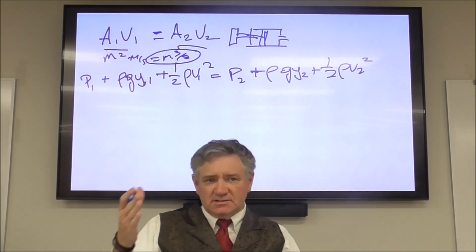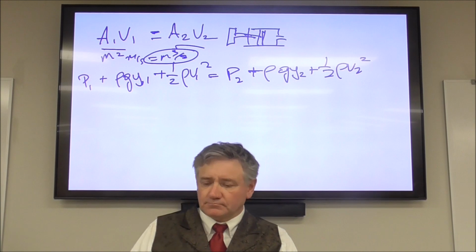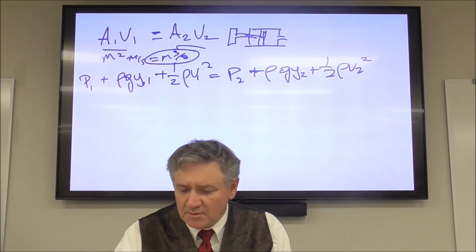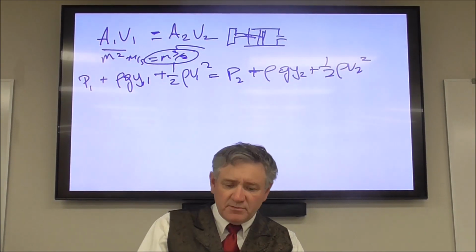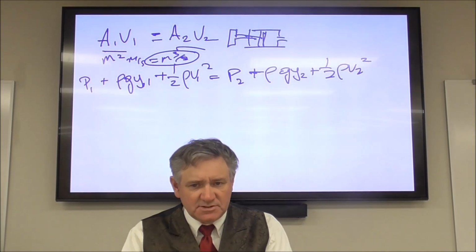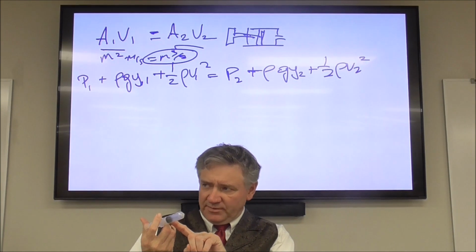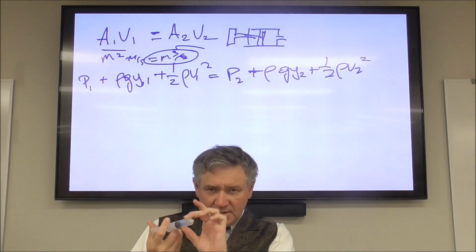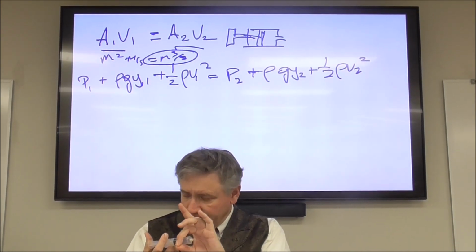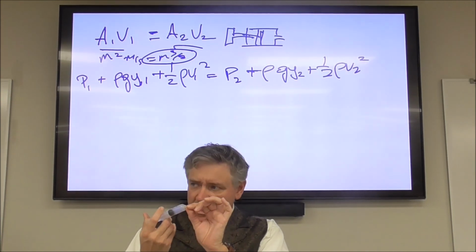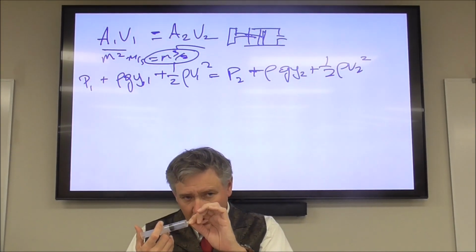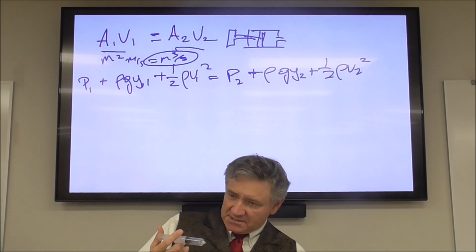So this is a flow rate, okay? Because this is a flow rate, if I take this syringe, I can either have the back of the syringe moving slow and moving a big area of water, which is going to be the same as a very small area of water moving really, really fast, okay?